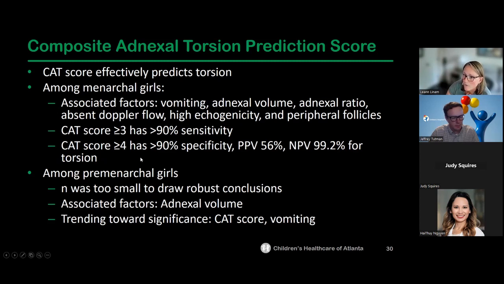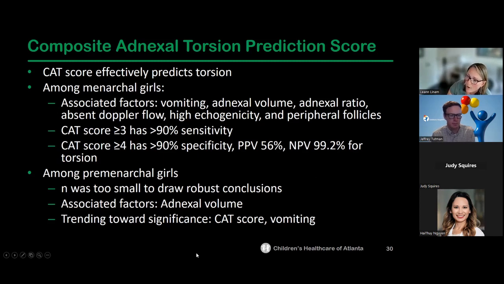And so a CAT score of greater than 3 had a 90% sensitivity, and greater than 4 had a 90% specificity, and a positive predictive value of 56%, and a negative predictive value of 99.2%.